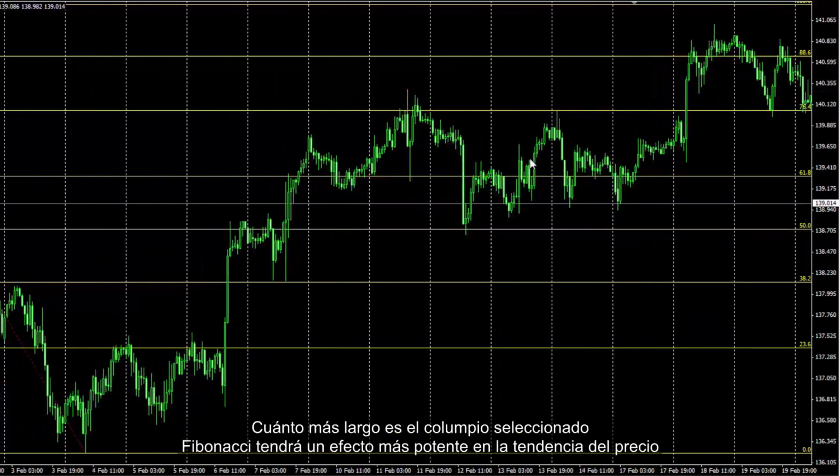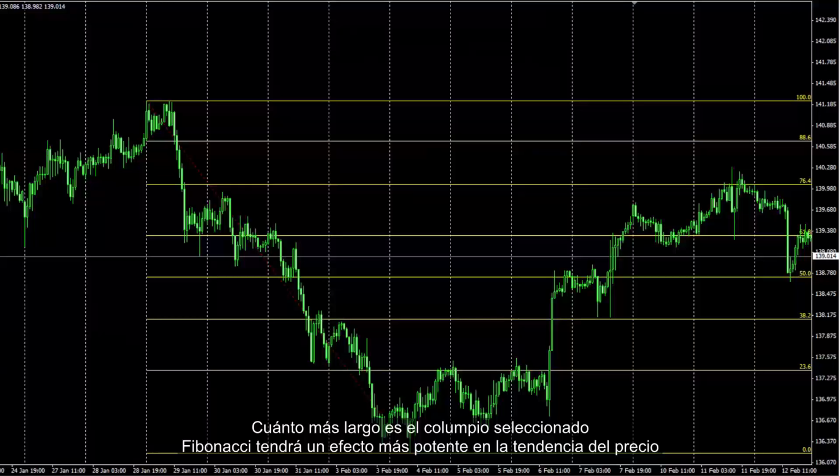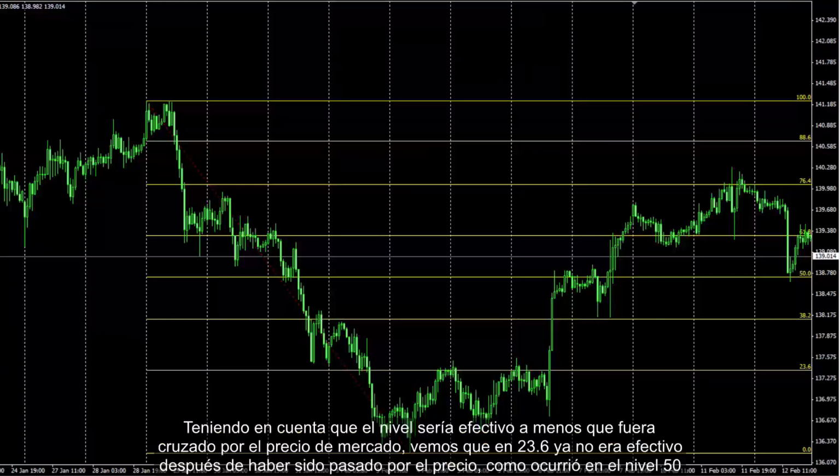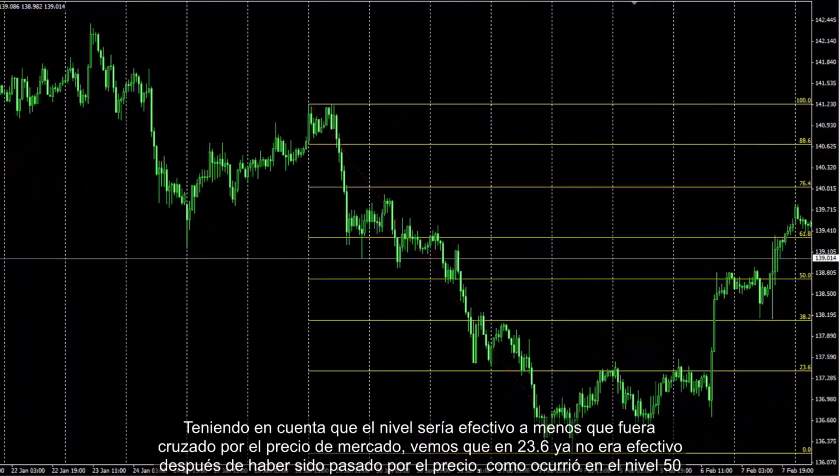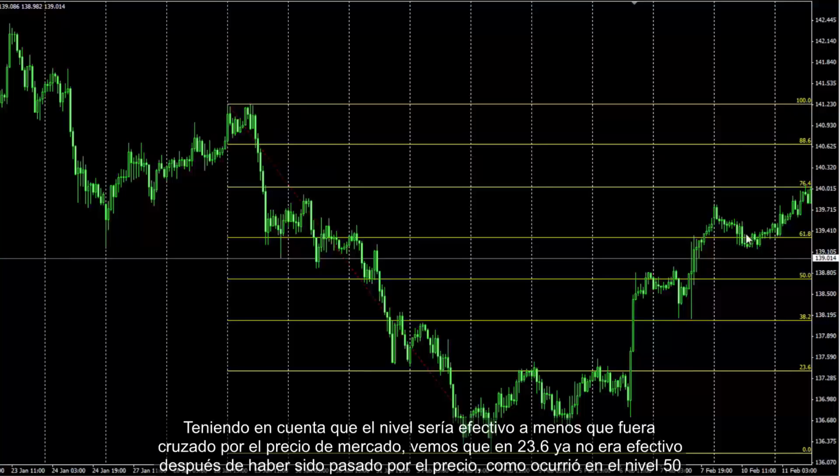The longer the swing selected, Fibonacci may have more powerful effect on price trend, considering that level would not be effective unless it is crossed by a market price. 23.6 was not effective anymore after it had been paused by price, just like level 50.